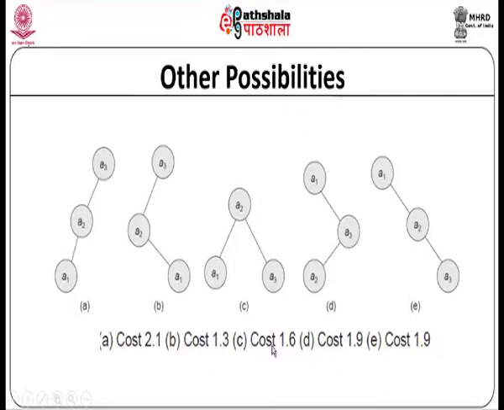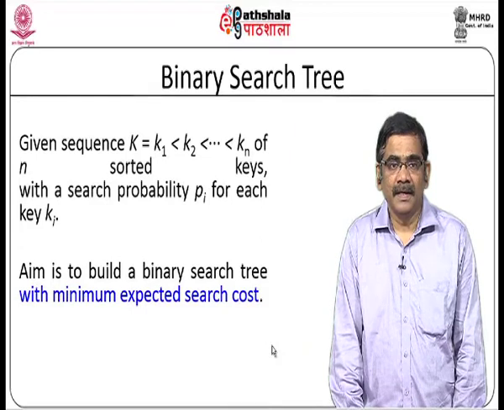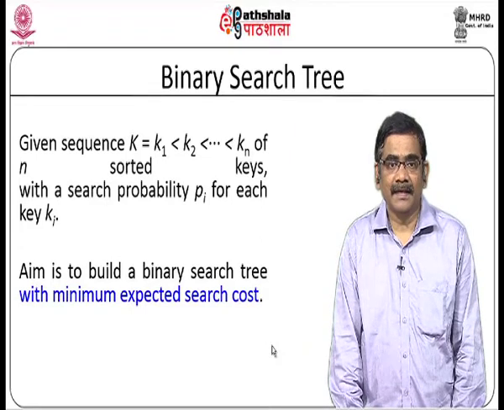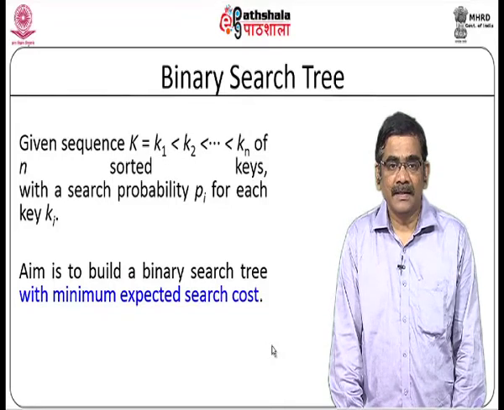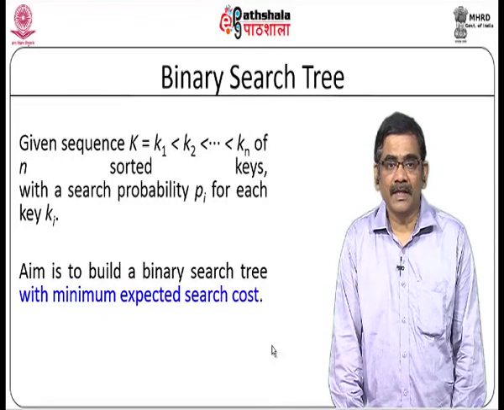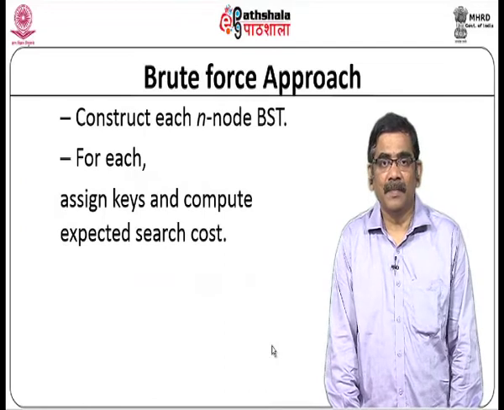So, the concept of the optimal binary search tree comes into the picture whenever we are seeking a minimum cost for the constructed BST. The problem can be defined like this. We have a set of keys and every key is associated with a probability, and the aim is to construct a BST with the minimum cost.